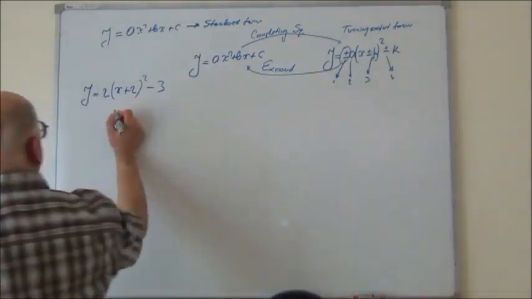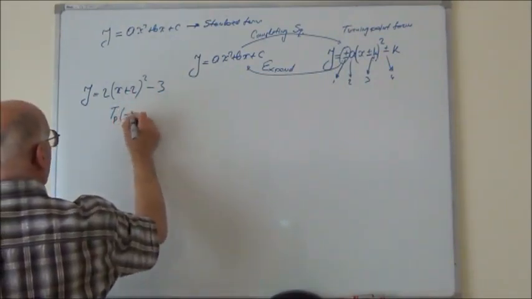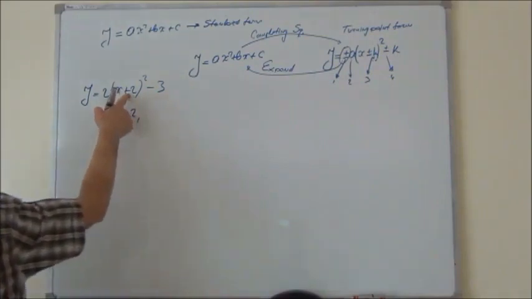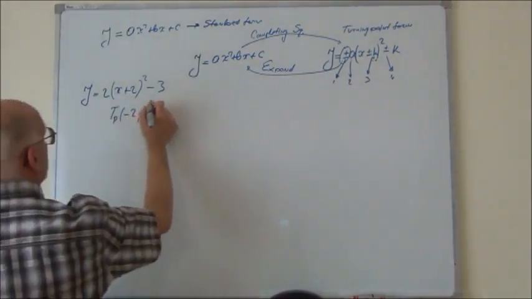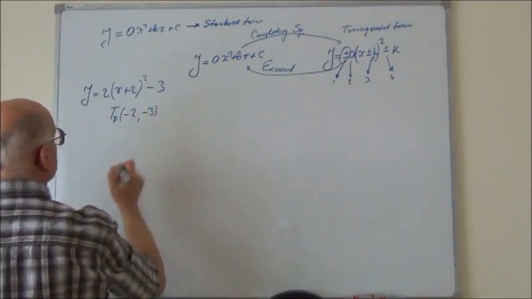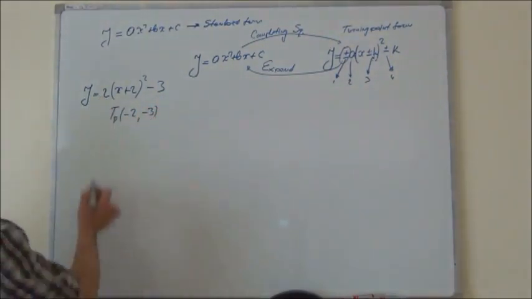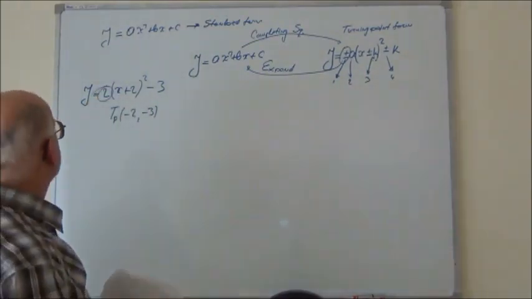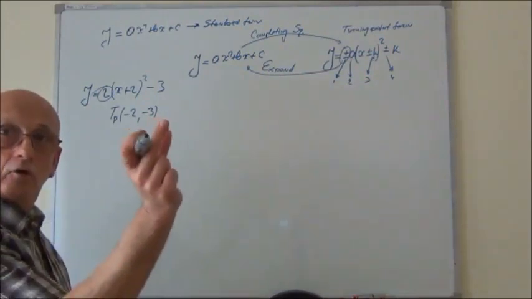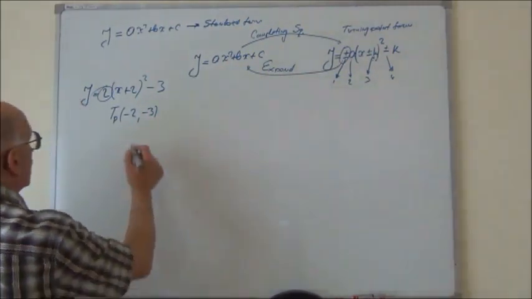So again, the turning point will be -2, because here it's plus, then the coordinates will be -2 and -3. The parabola is not reflected. We have a dilation factor of 2. That means this number will narrow our parabola a bit, and that's all.